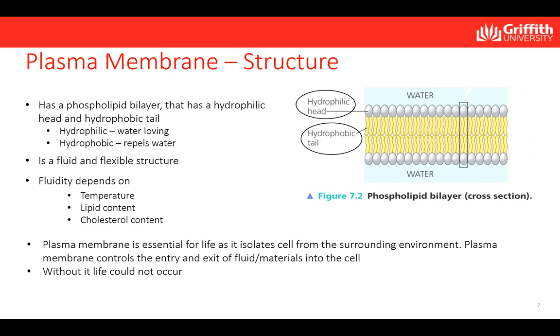The plasma membrane is essential for all life, as it isolates the cell from its surrounding environment. It controls the entry and exit of fluid and materials into the cell, and without it, life cannot occur.